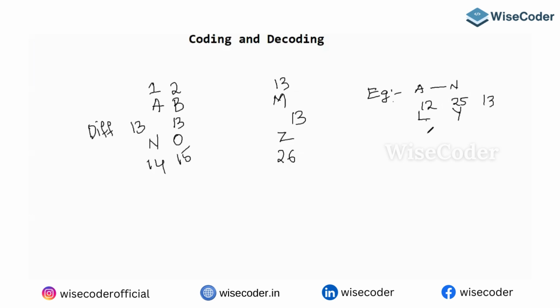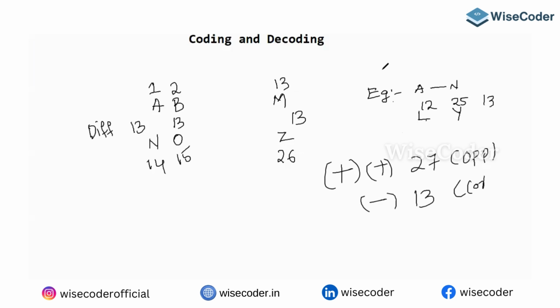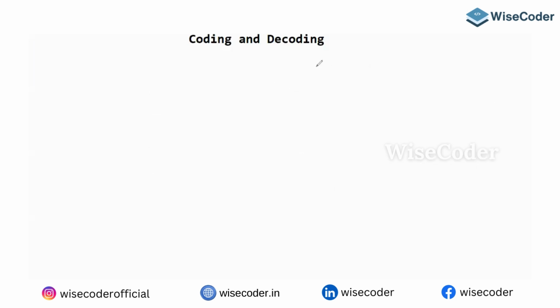Sum means opposites: two letters whose sum is 27 are opposite letters. Corresponding letters means the difference must be 13. We'll see a few questions based on this logic.